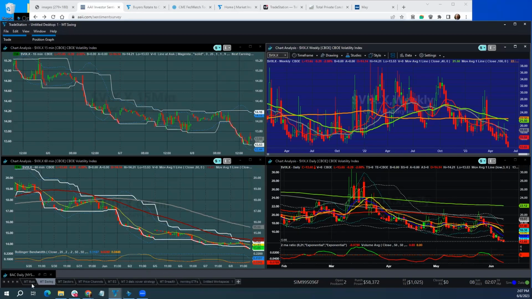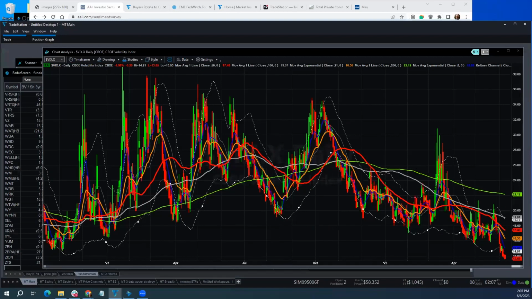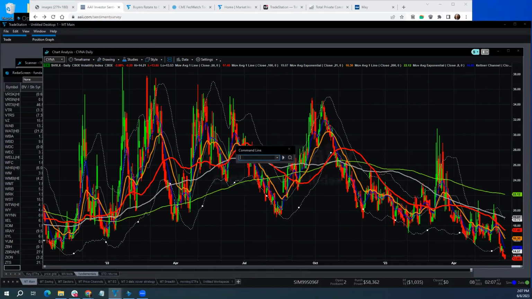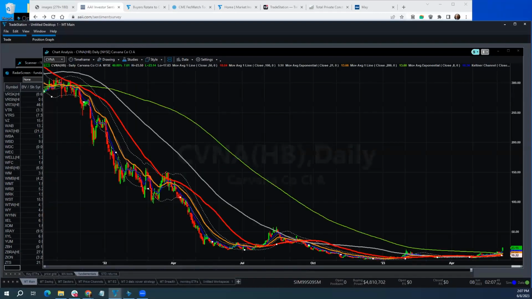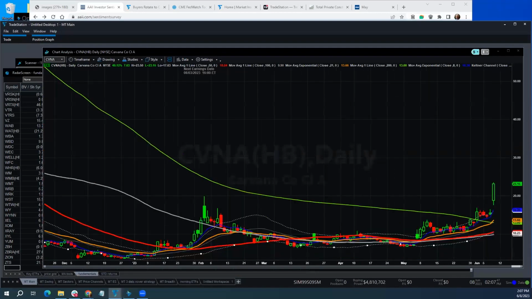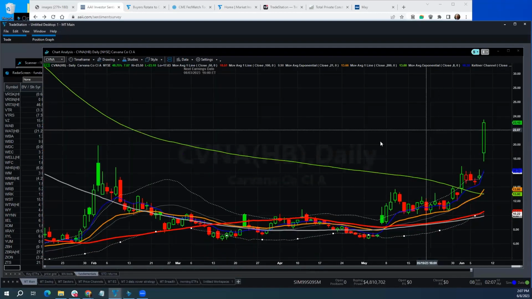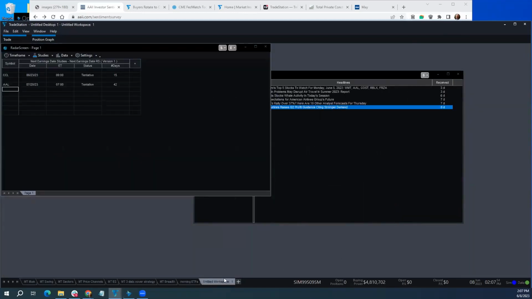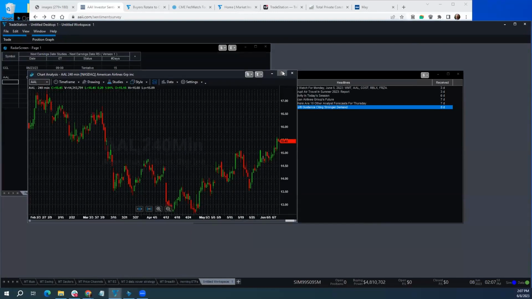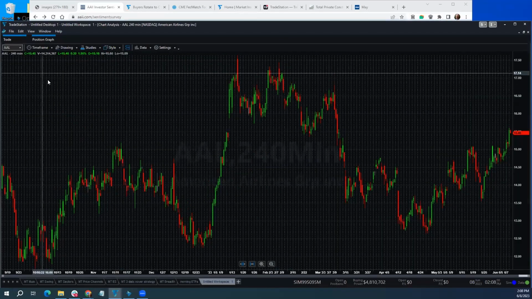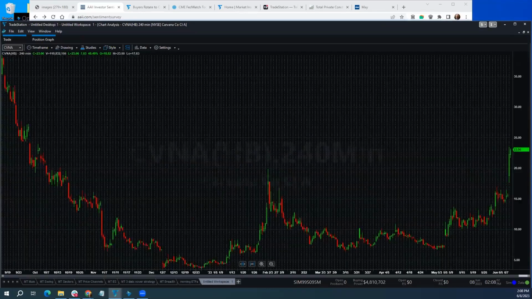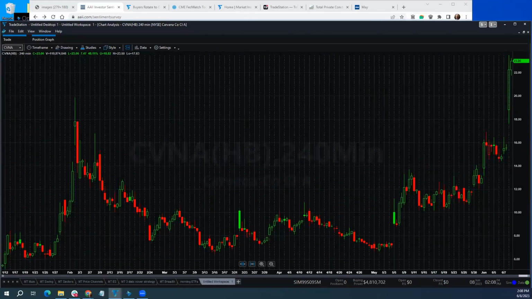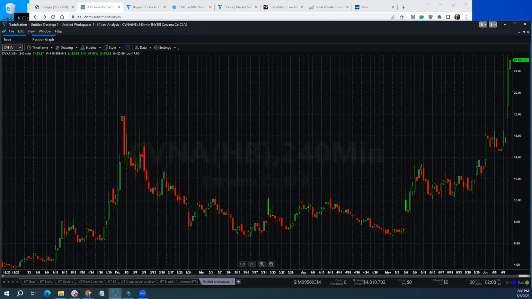I just have to mention, this is one we had talked about many times on Market Insights, Carvana. This was a short squeeze. It was kind of interesting. We had been mentioning it from a while back here. What's interesting, you take a look at Carvana. I'm going to just do a real quick intraday chart on this with, let's do CVNA, this has got 4-hour bars, which is actually good enough.